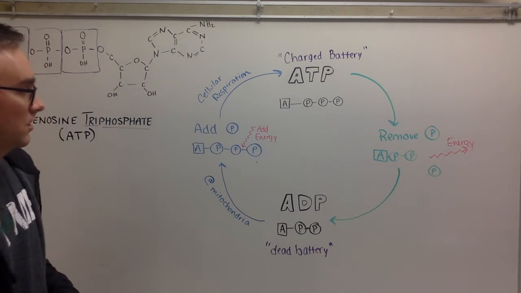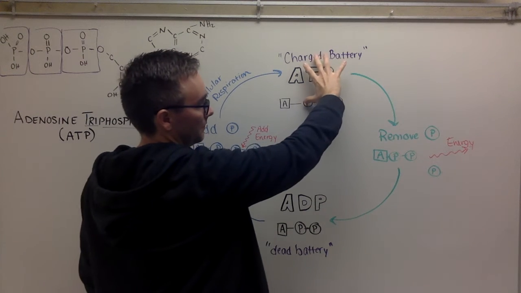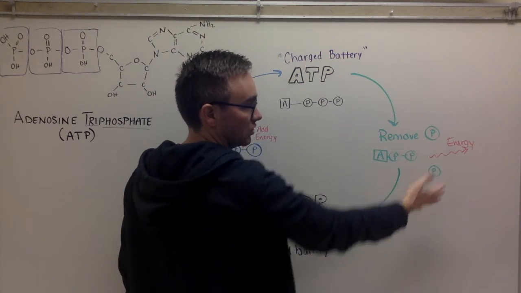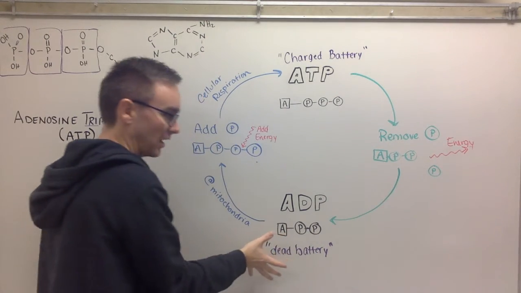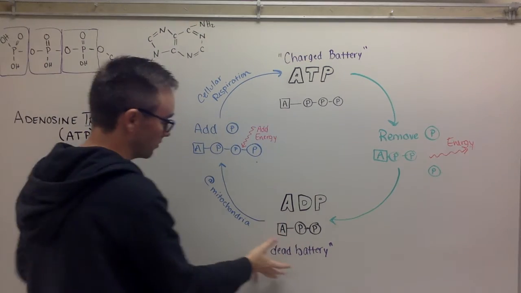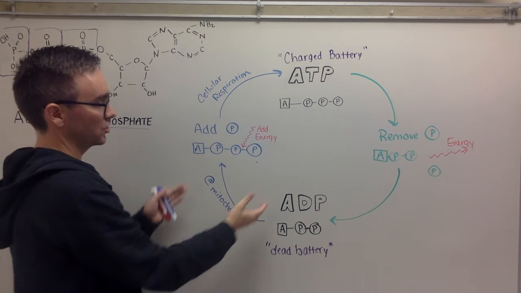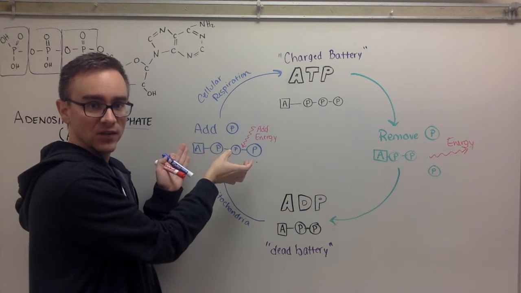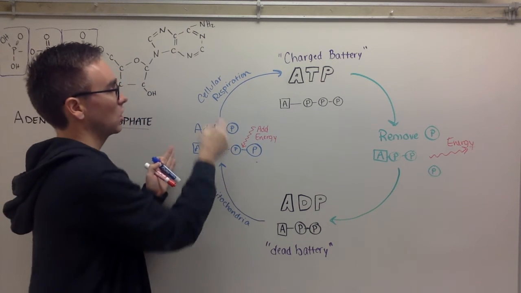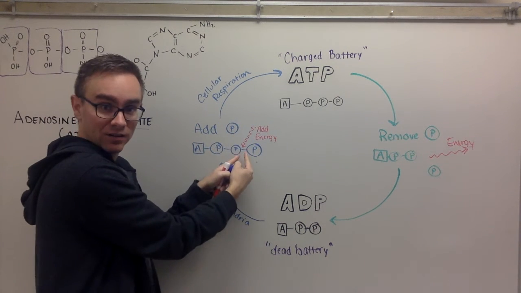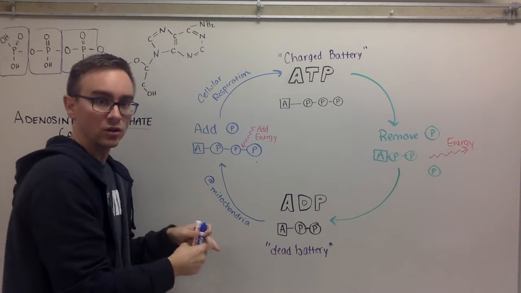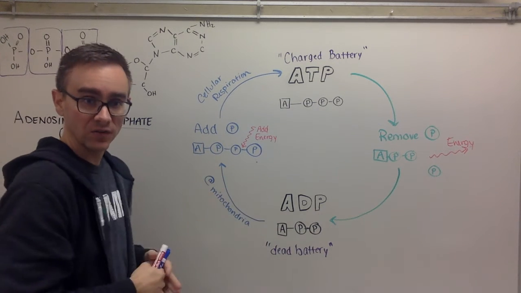So we have ATP, we break off a phosphate, we can use that energy for all kinds of things. It creates a dead battery known as ADP.